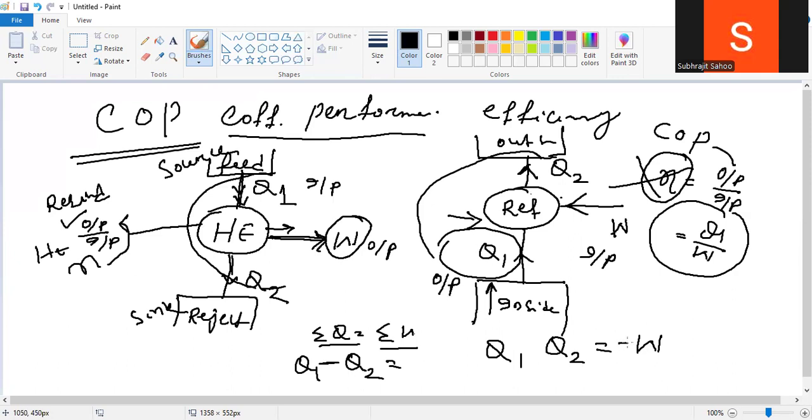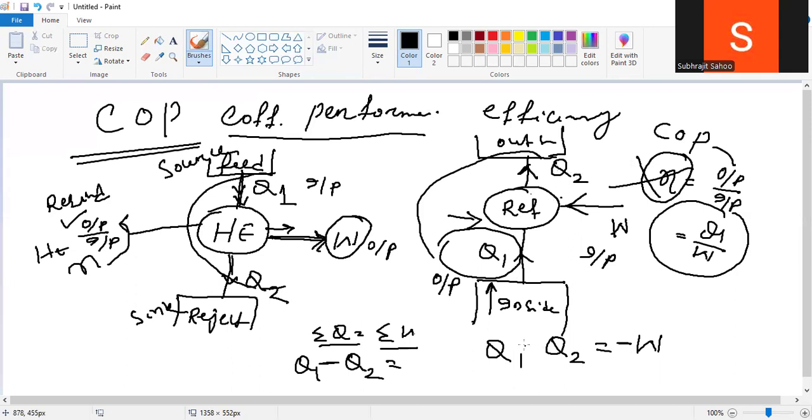So it is minus W. And observe, Q1 is supplied. I told you, if heat is supplied to a system, that is positive, and if it is rejected from the system, that is negative. Now Q2 is rejected from this refrigerator.